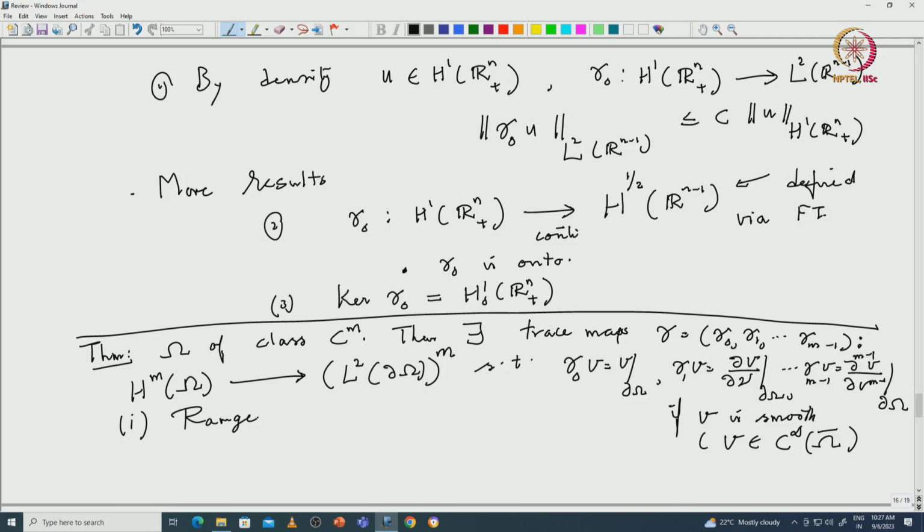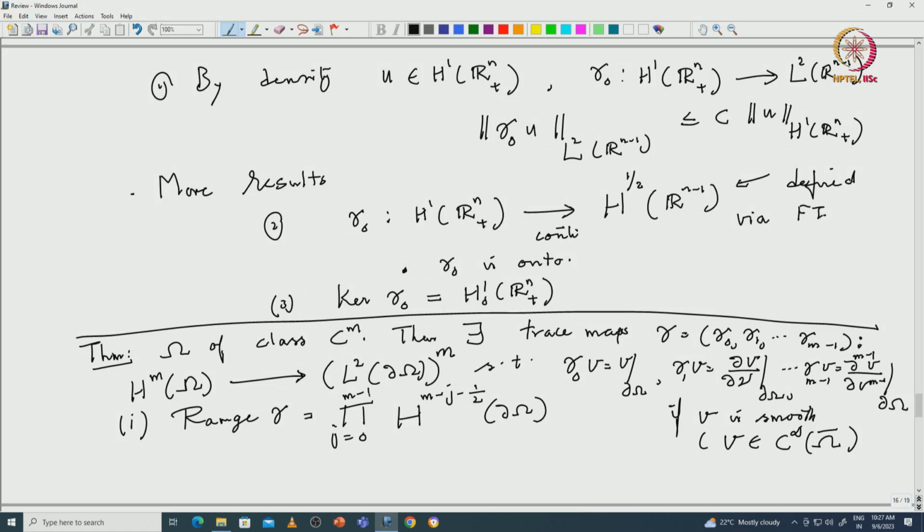Each time, I already told you, from H1 you got H half, that means it only reduces by half. So, each time it will reduce by half. So, your range will be the product over j equal to 0 to m minus 1 of H to the m minus j minus half. This is an important thing to understand.